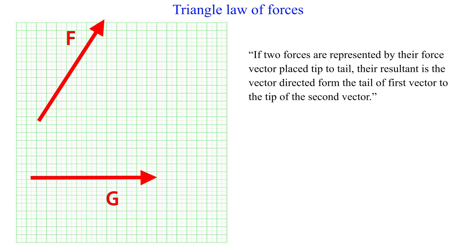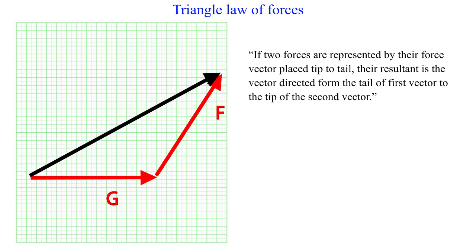Here, forces F and G act in a plane. We can find the resultant of these forces by just placing the force vector F at the arrow of force vector G. Draw the vector directed from the tail of the G vector to the tip of the F vector. Give the name R to the new force vector. This R is nothing but the resultant of force F and force G.